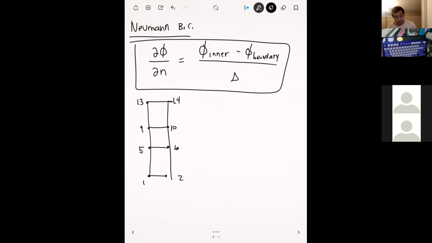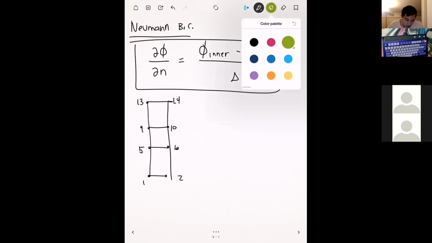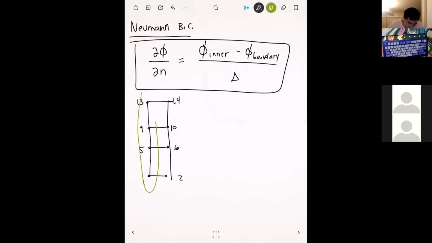Let's say that in our problem, we're going to supply a Neumann boundary condition on these nodes, and the Neumann boundary condition is going to be equal to 10. Basically the derivative of the function at those nodes has to be equal to 10.